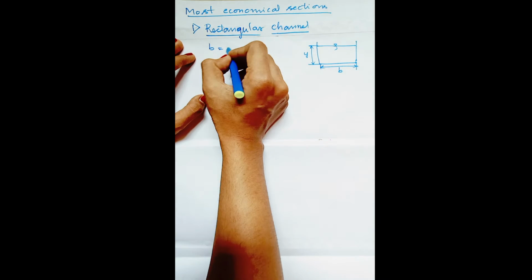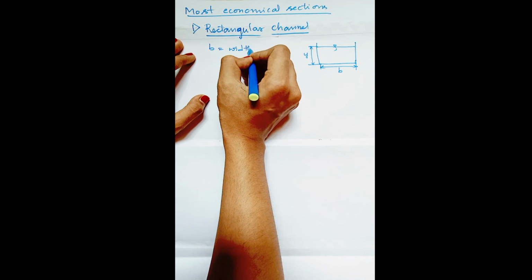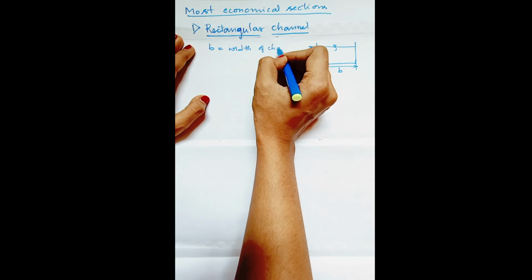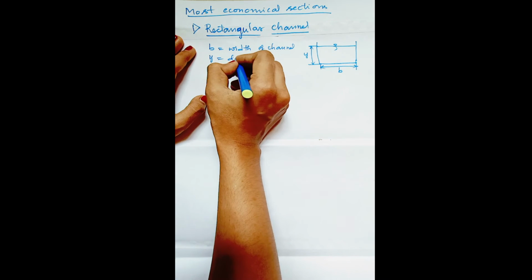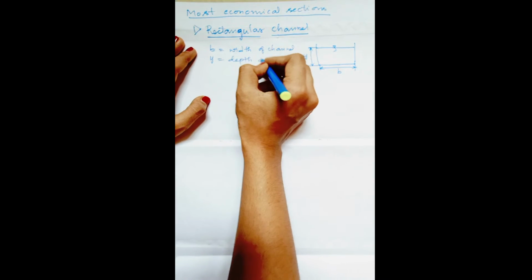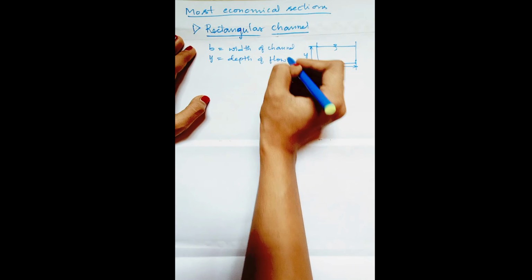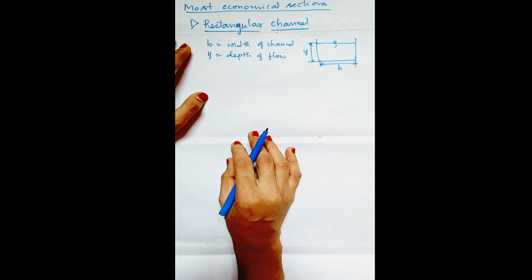Here B is the width of the channel and Y is the depth of flow.